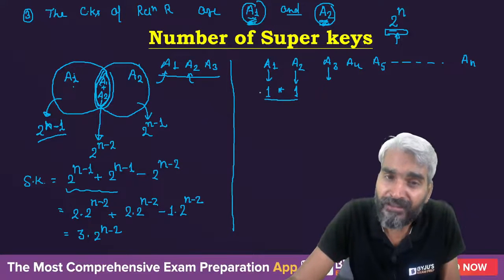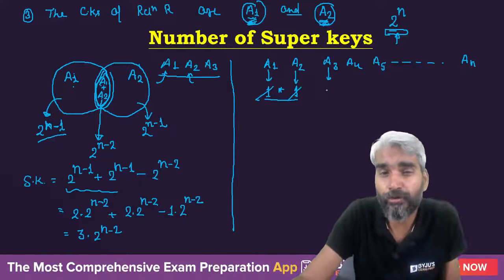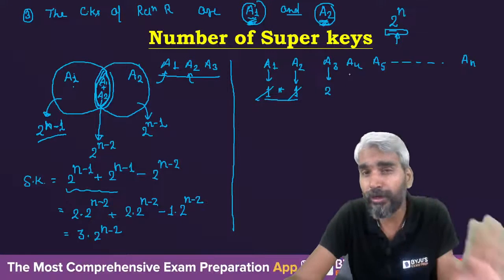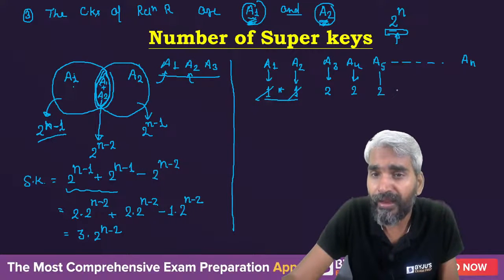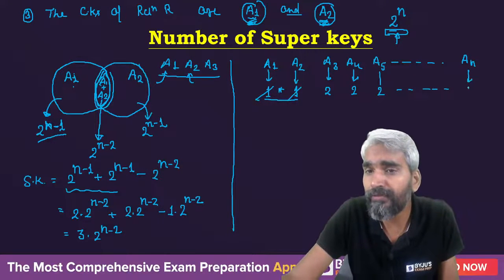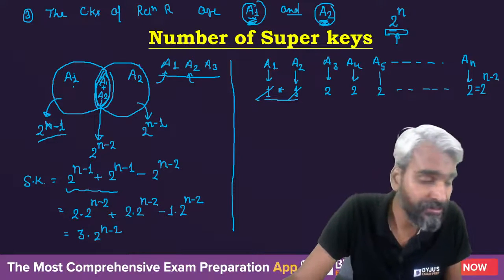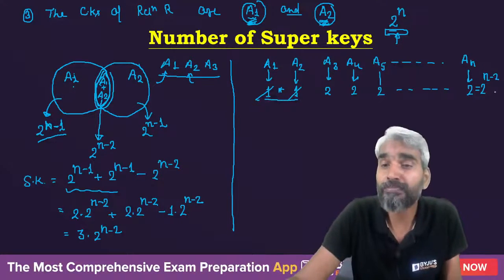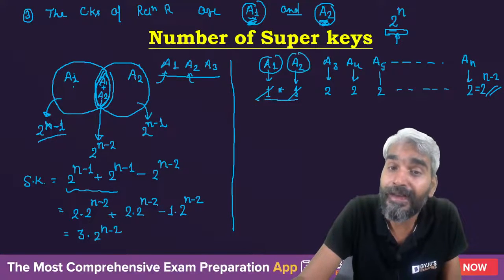Once you have left A1 and A2, you can choose or leave A3, choose or leave A4, choose or leave A5, and so on up to AN. So how many total ways? These are 2 raised power n minus 2 subsets. There are exactly 2 raised power n minus 2 subsets in which neither A1 is present nor A2 is present.